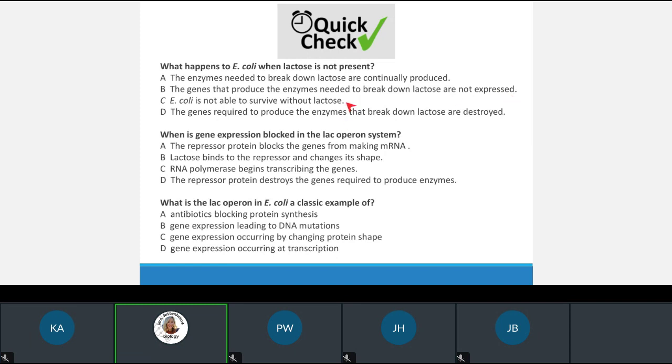E. coli is not able to survive without lactose, or the genes required to produce the enzymes are destroyed. I want you to think about that process. What do we think? What do you think? And this, I believe, is on your quiz.